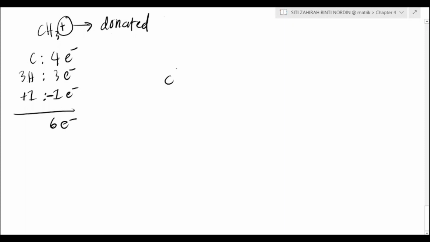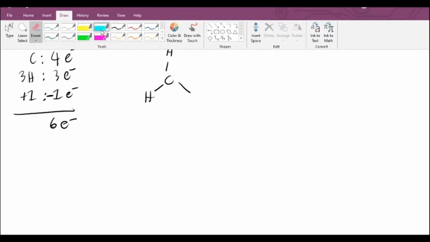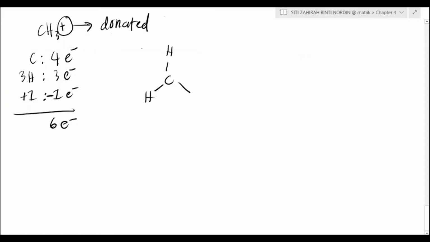Next, draw your Lewis structure for CH3 plus. Class, we note that when your molecule is in ion form like this, you have to put a big bracket covering the whole molecule and put the charge next to it.